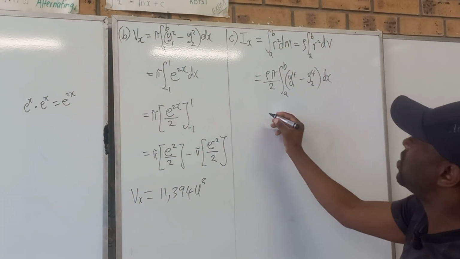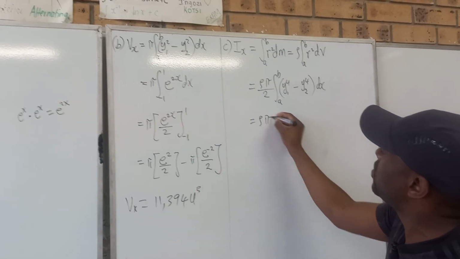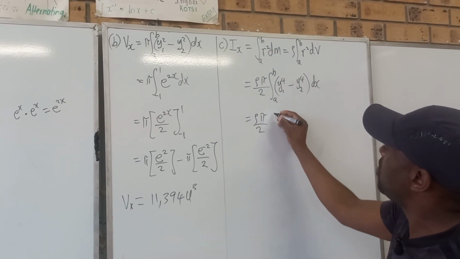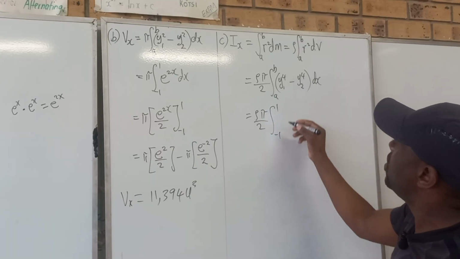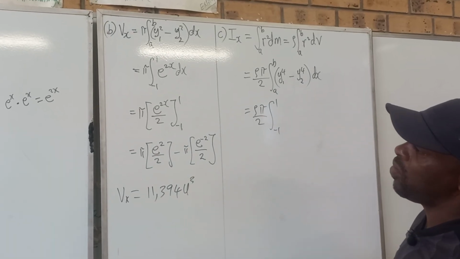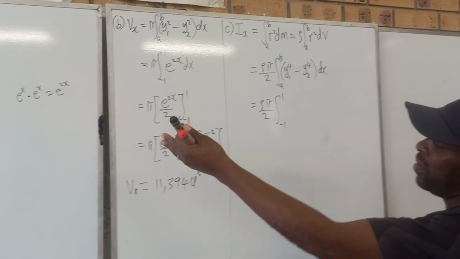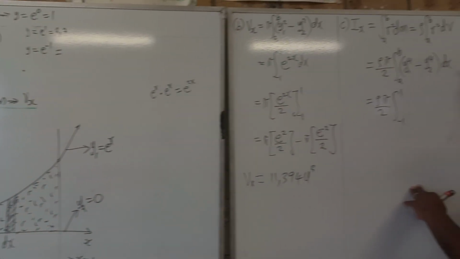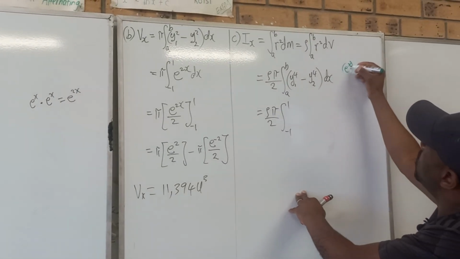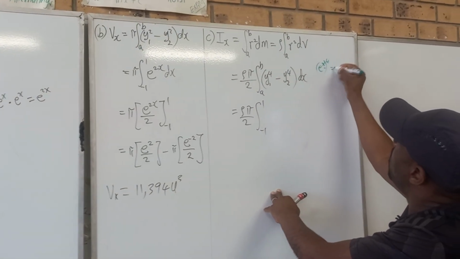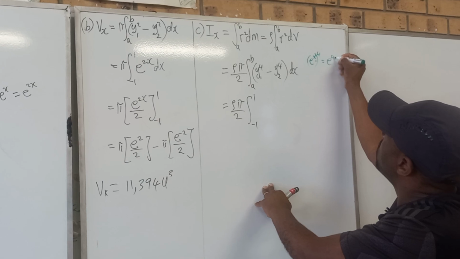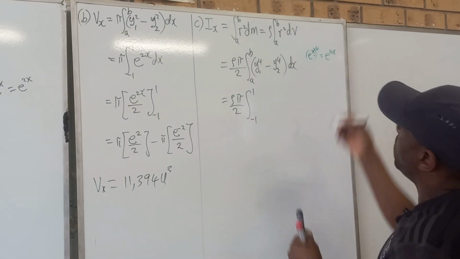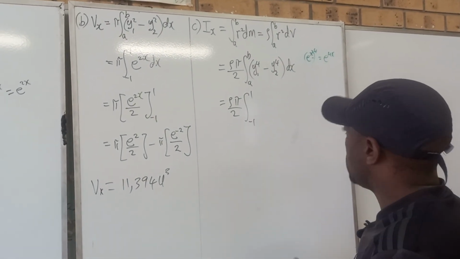Then I start substituting. a and b are the same, negative 1 to 1, y to the power 4, our y1 is e to the power x. So if I want e to the power x, all that to the power 4, you just multiply that, you get e to the power 4x, or you can just say e to the power x 4 times, you still get e to the power 4x.